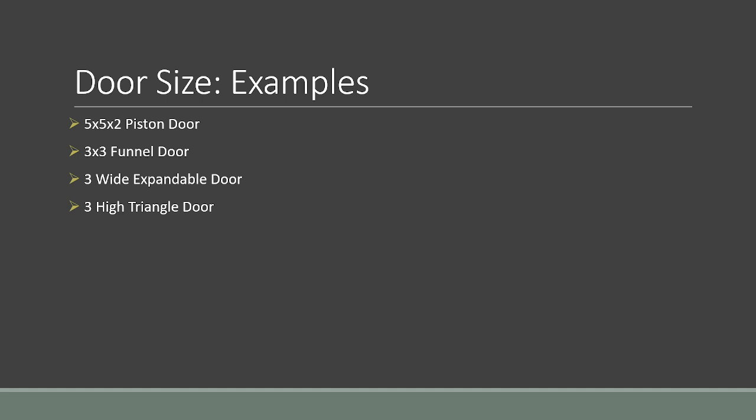3 high triangle door. A triangle door doesn't have the rectangular pattern. It doesn't have the rectangular hallway. It uses a triangular hallway. So it doesn't really make sense to say 3 by 2 triangle door, because it isn't rectangular.